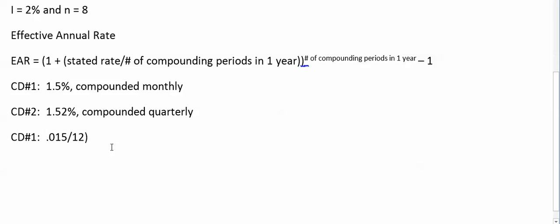Then I'm going to add 1 to that. Next, I have to raise all of that to the power of the number of compounding periods in 1 year, which would be 12. Again, that's an exponent. And then finally, once I calculate all of that, I subtract 1 from the entire thing.